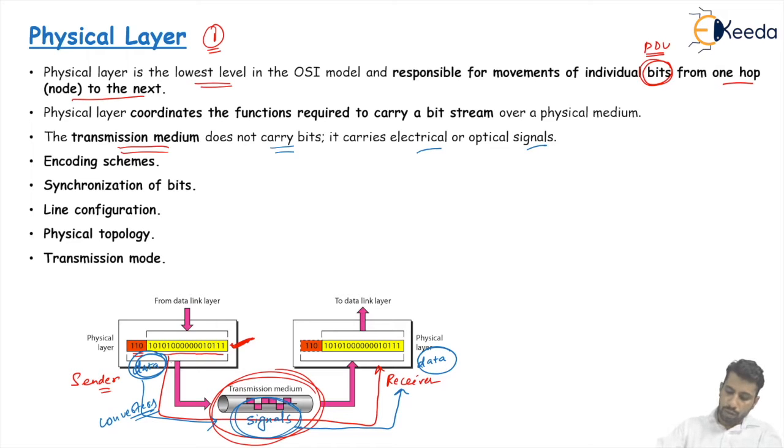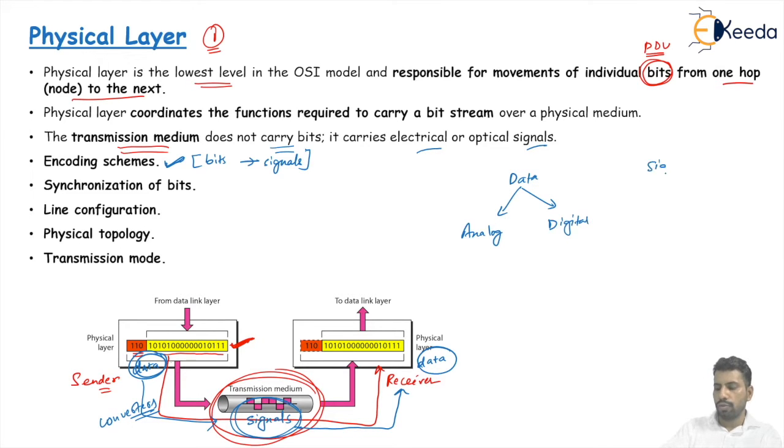For this conversion we also need techniques which convert our bits into signals, or represent the bits as signals. For that we have encoding schemes. Encoding schemes are used to convert our bits into signals. We represent data in the form of analog data or digital data, and signals are also analog signals or digital signals.